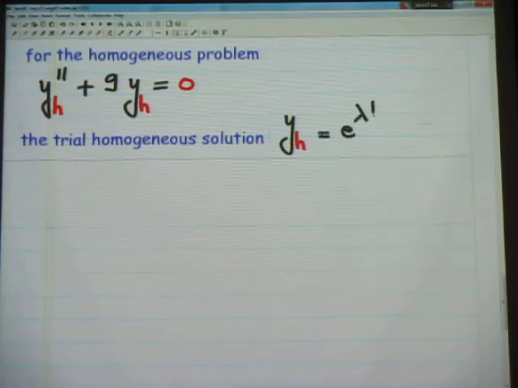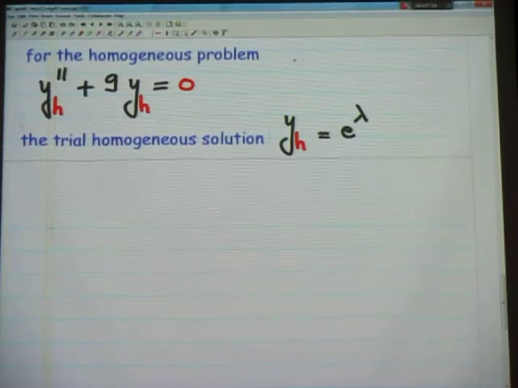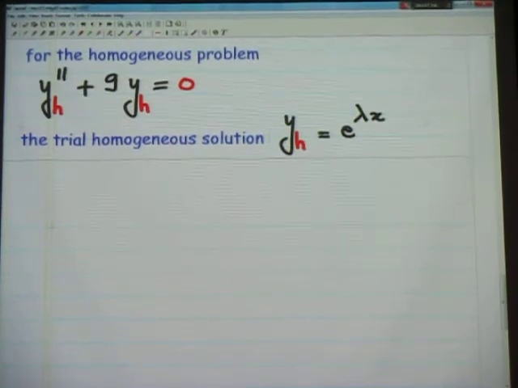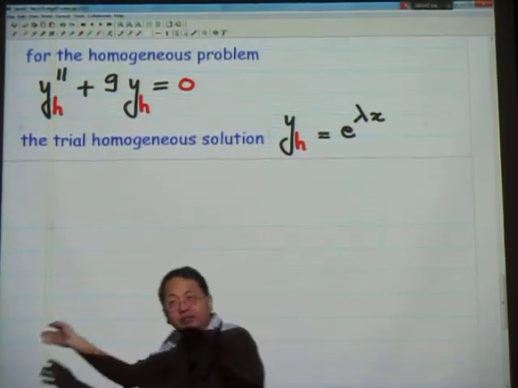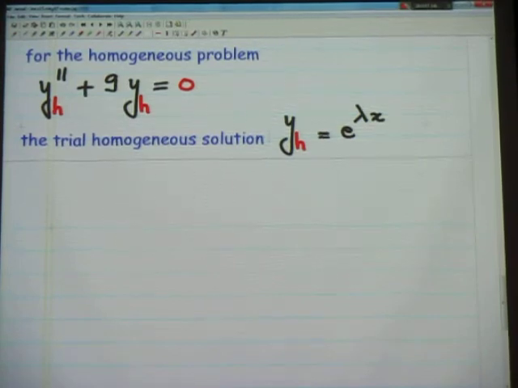And when you replace, I keep thinking in terms of t, but here the independent variable is x, so e to the lambda x. So when you replace e to the lambda x into the homogeneous problem, then you get the characteristic equation, and then you can have two homogeneous solutions.